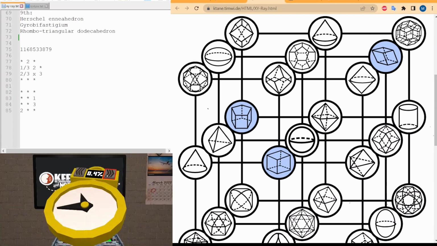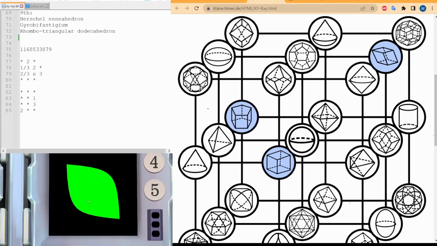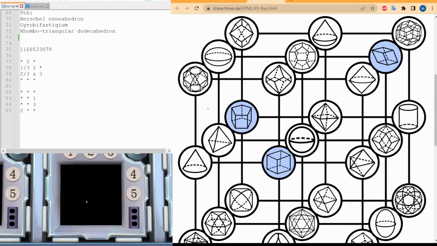Okay, you can. Where is the pentagon? Okay, I believe the right side at the end was a pentagon. Okay, let's see.